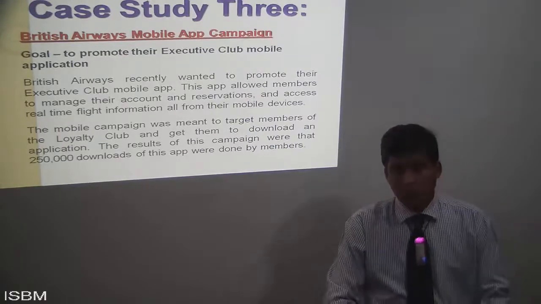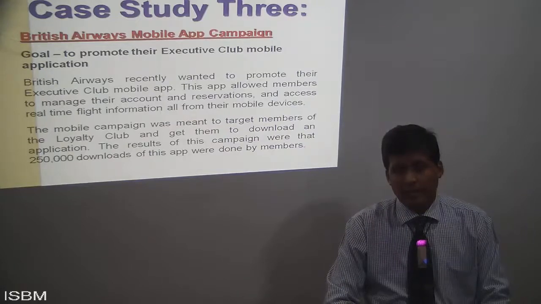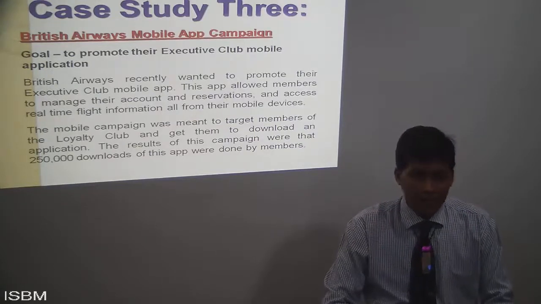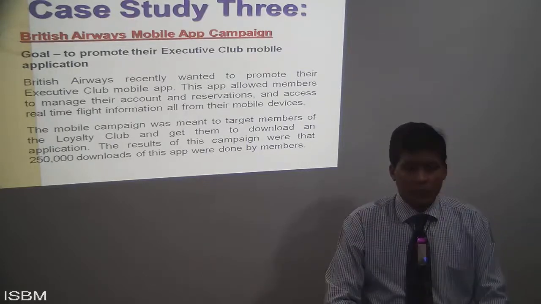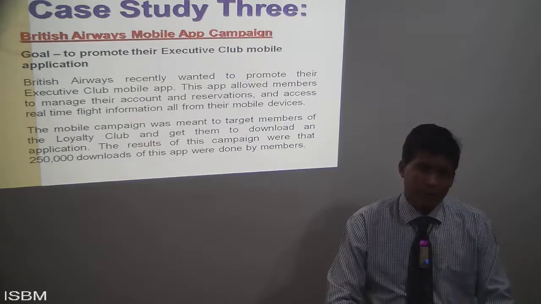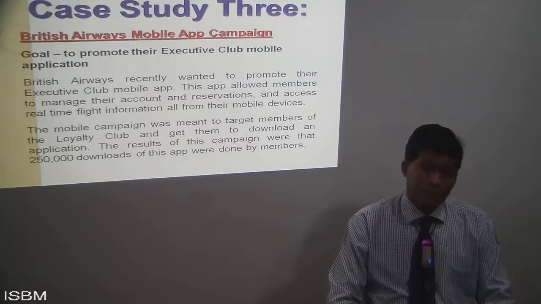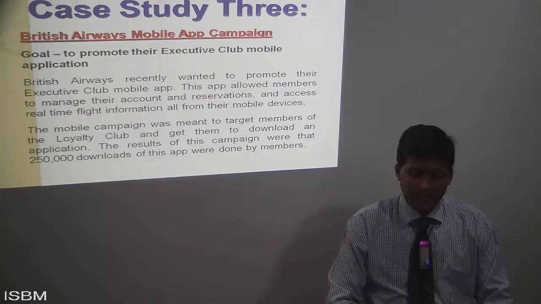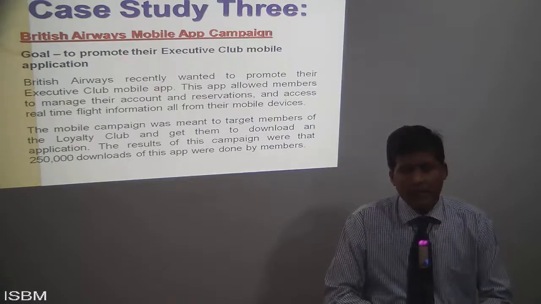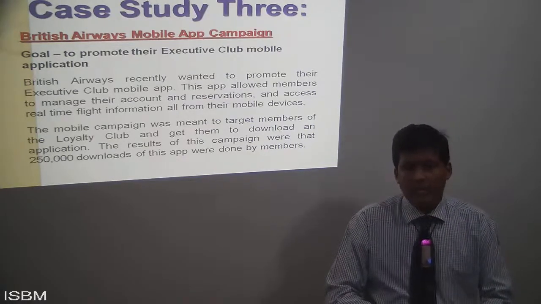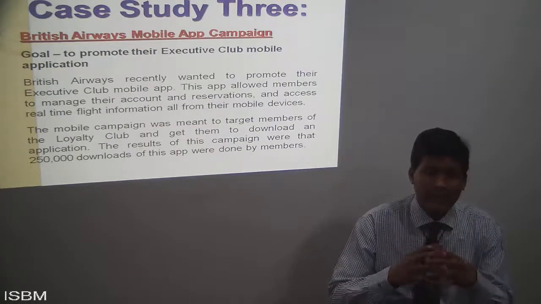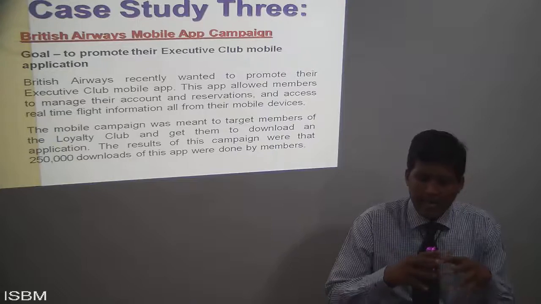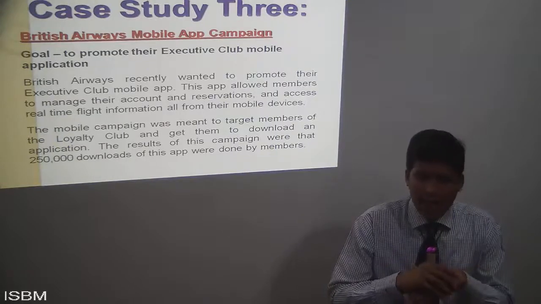They wanted members to download this mobile app so that they could get real first-hand information about their flight details. It could be about timing, discounts, hotels, tourism, travel. All things get aligned. The mobile campaign was meant to target members of the loyalty club and get them to download the app.